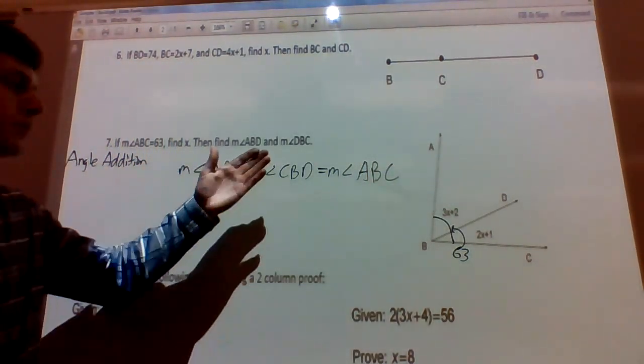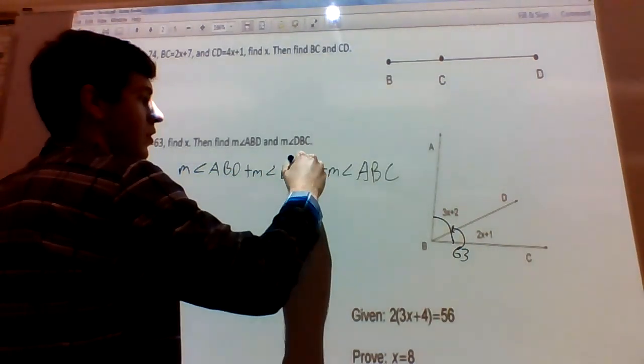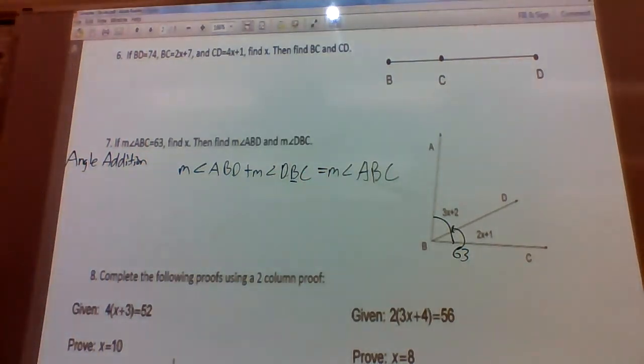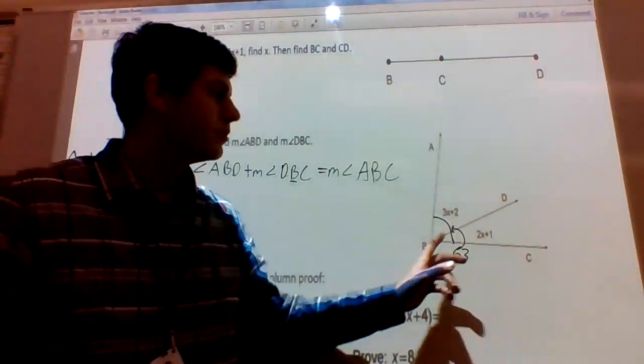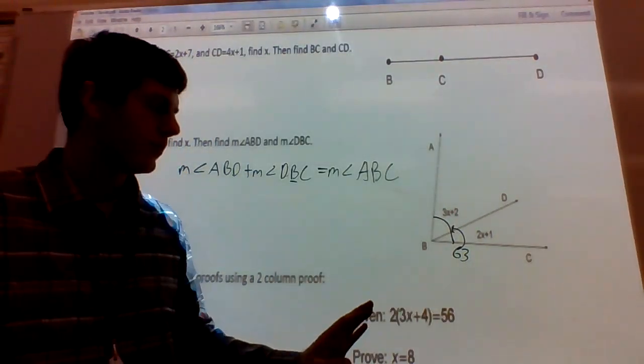They wrote it as DBC, that's fine. We can write it as DBC. As long as your B is in the middle, your B is the vertex, that's fine. Angle DBC or CBD, same angle.